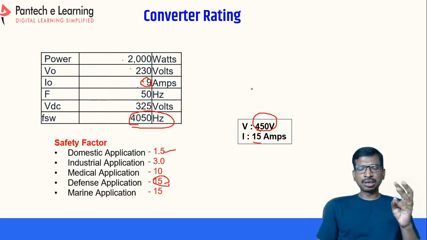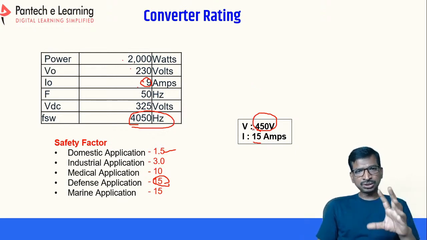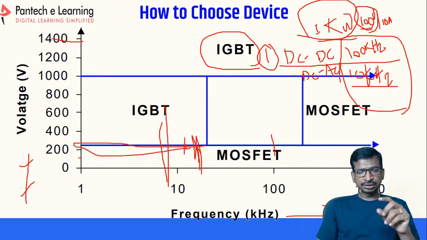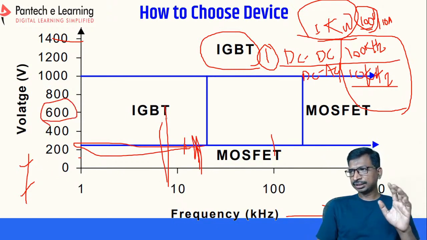Like IRF460 will be the best choice for this rating, right? Because for these applications, the rating lies around 200 voltage, so you can use IRF460. Suppose you are going for 600 voltage, then you have to go with the IGBT, right?